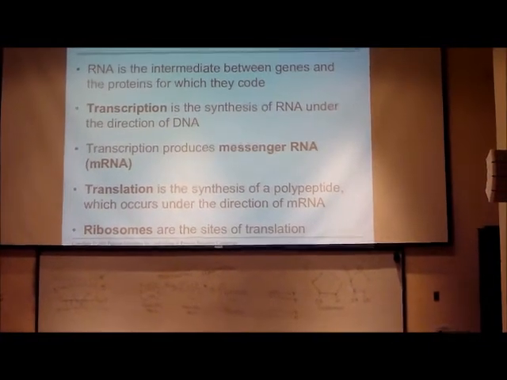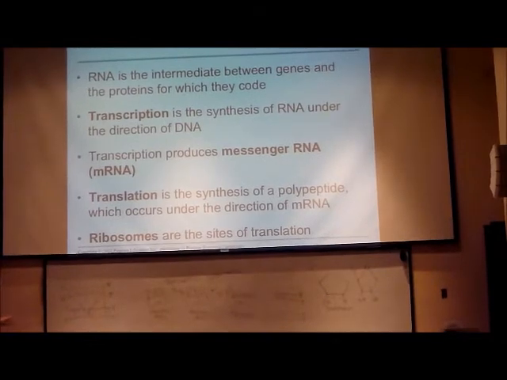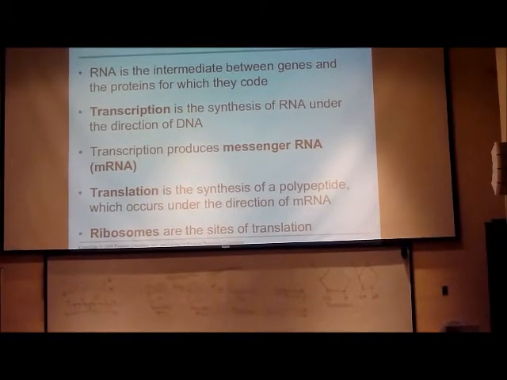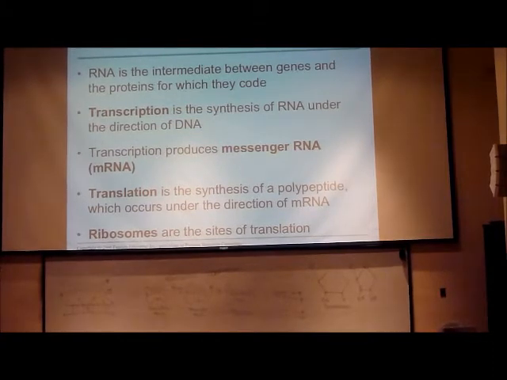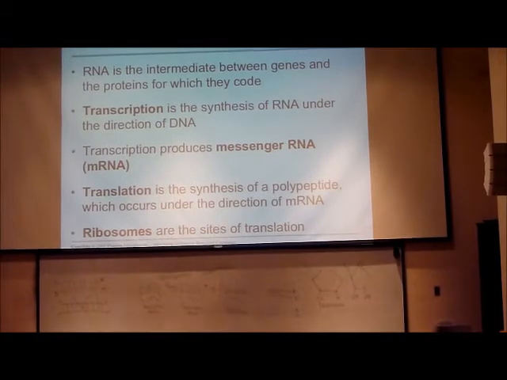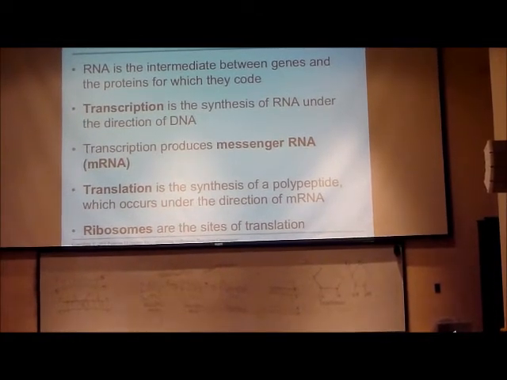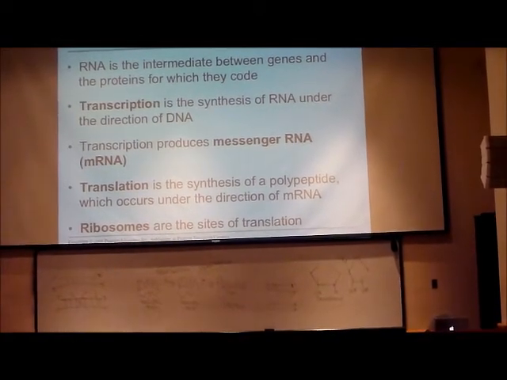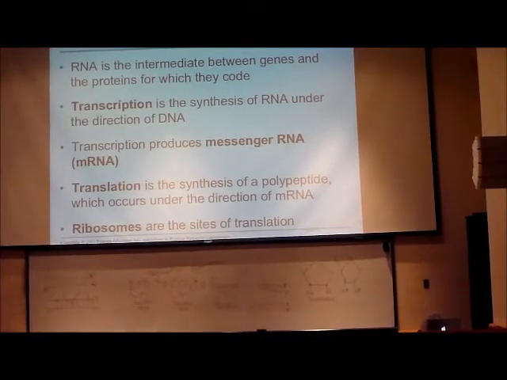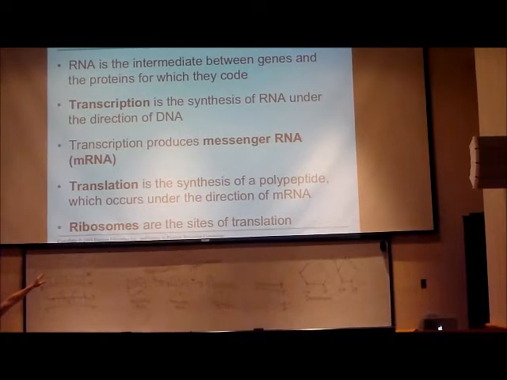Translation occurs at the ribosome, which is in the cytoplasm, and it's going to convert the message in our messenger RNA into an amino acid sequence that's going to be a protein or polypeptide. Okay? So transcription occurs in the nucleus. We're then going to get an RNA transcript.